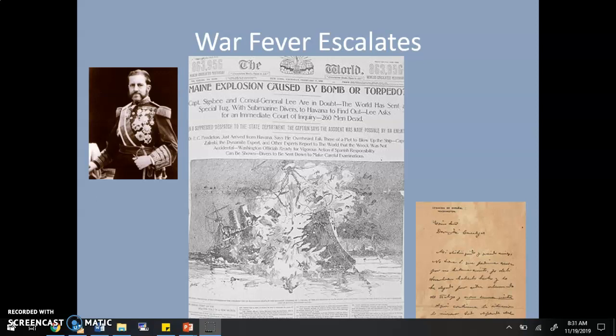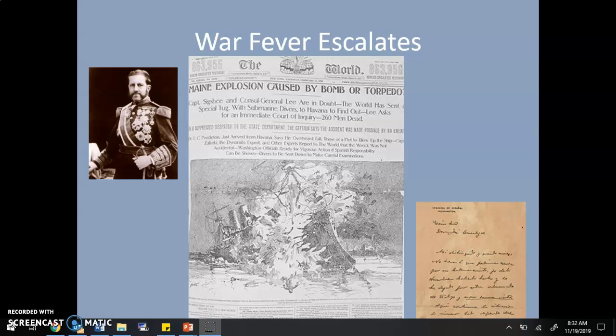The yellow journalists will immediately blame this on the Spanish, basically saying, oh, Spain attacked an American ship. The reality is we never found a cause of this explosion. So there was never a definite conclusion in terms of how this ship exploded or what happened.